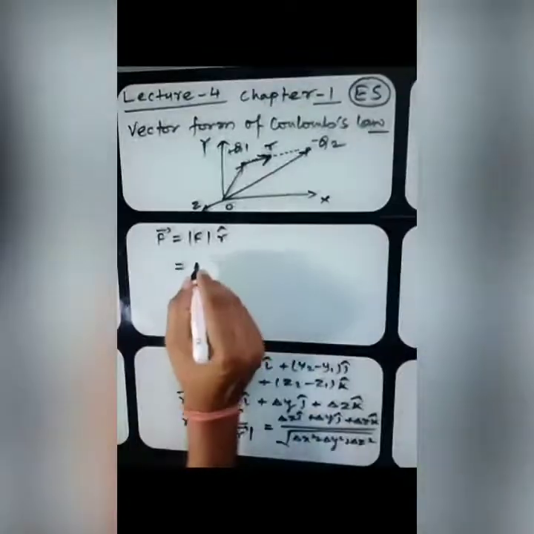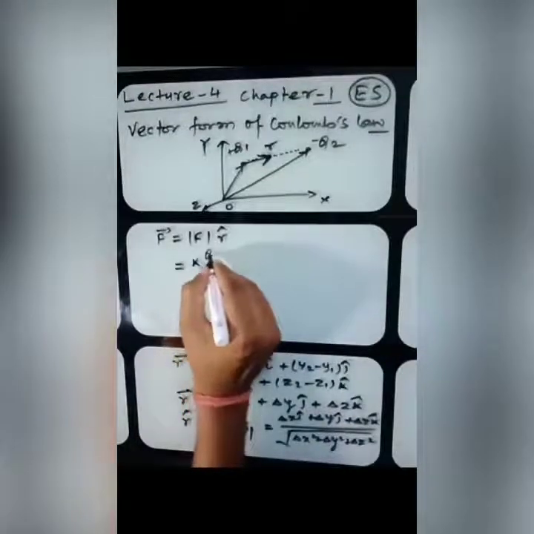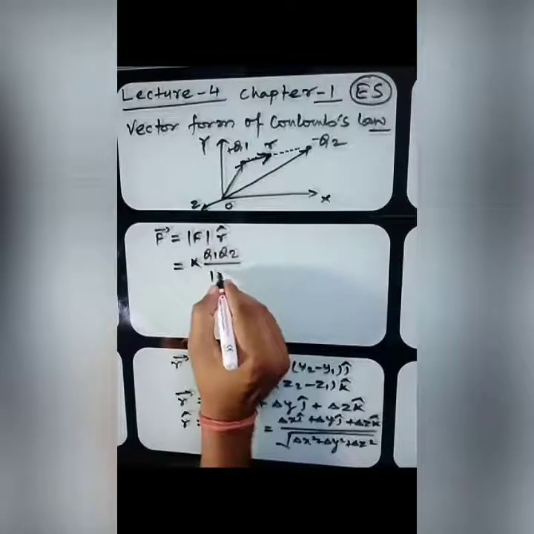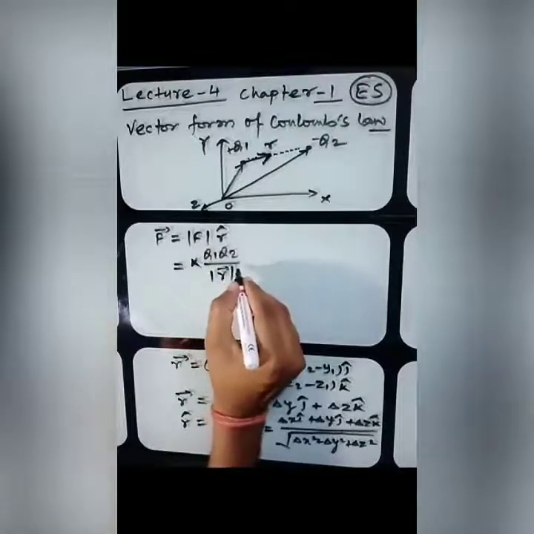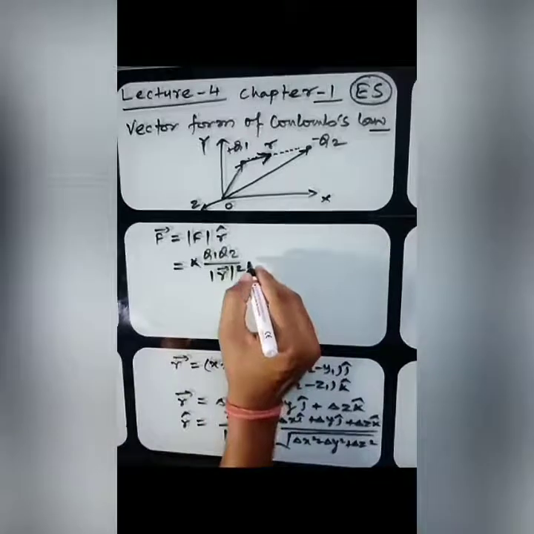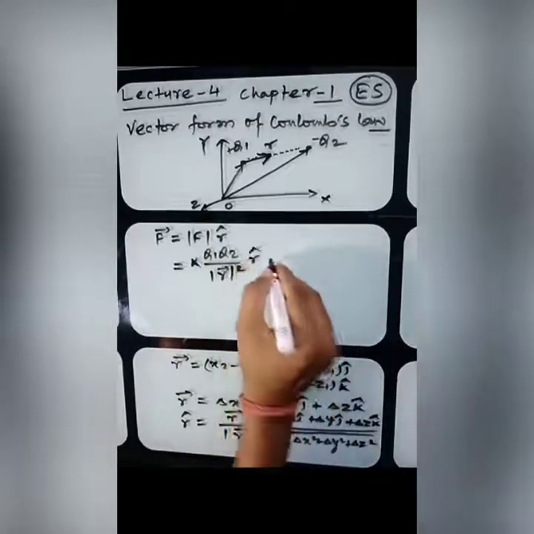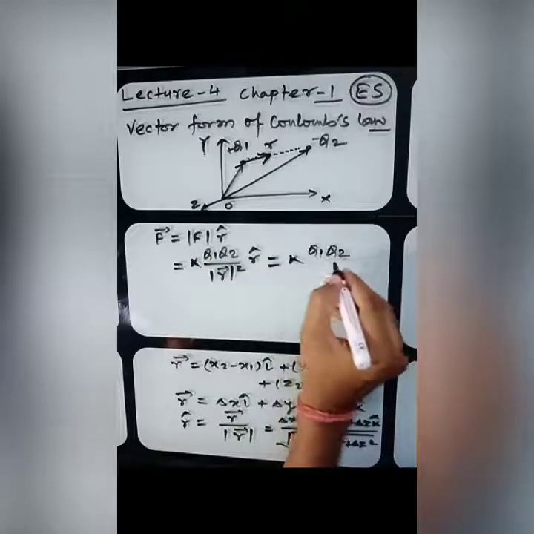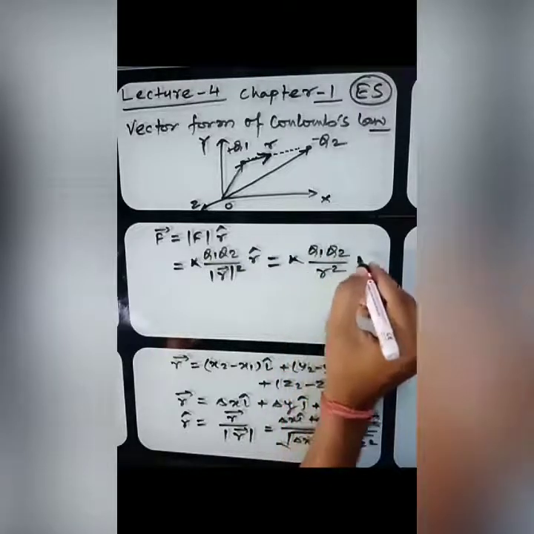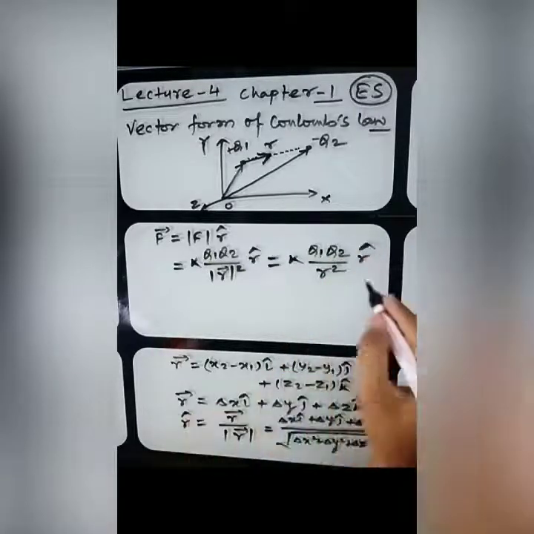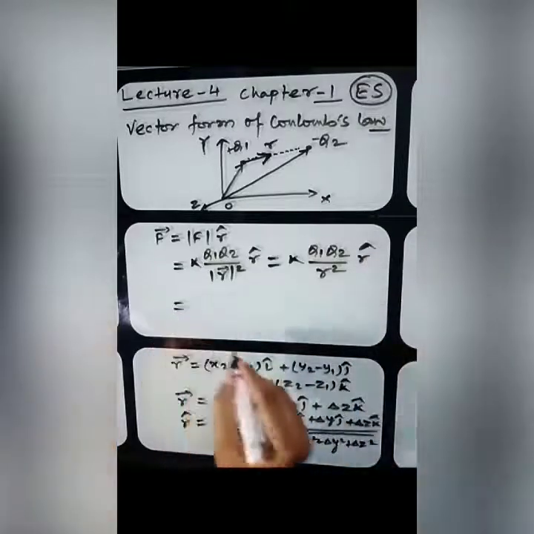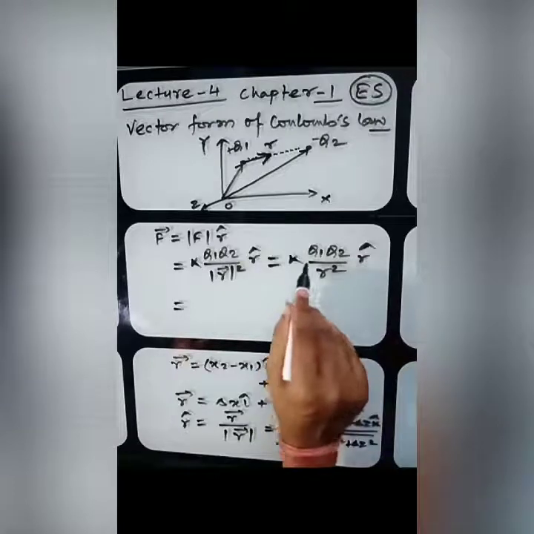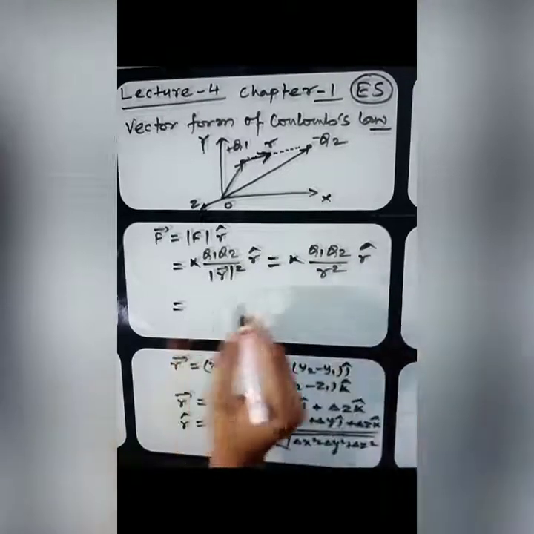The magnitude is K Q1 Q2 by r square, times the unit vector r. This can also be written as K Q1 Q2 over r square r cap. In NCERT both forms are written. You can use these two. Both are important.